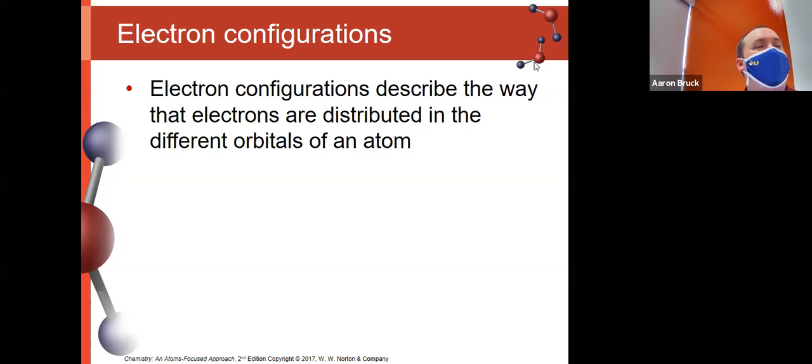But instead of describing a single electron like a quantum number does, an electron configuration describes every electron and how they're distributed. So within an electron configuration, I could point to a single electron and say, these are its 4 quantum numbers.